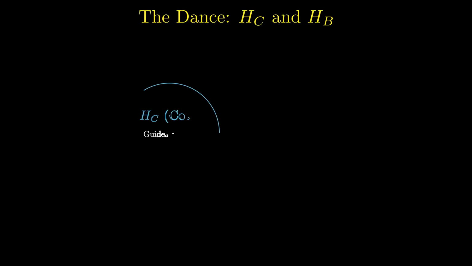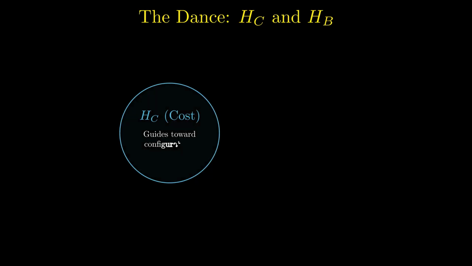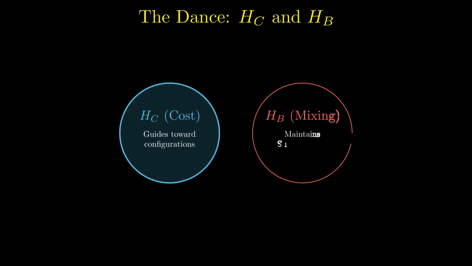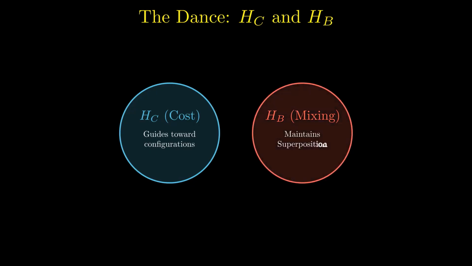The interplay between HC and HB lies at the heart of QAOA's functionality. Think of it as a dance between two competing forces. HC encodes problem-specific penalties or rewards. It guides the quantum state into a superposition of various configurations. HB keeps the quantum state in a superposition, preventing premature collapse into suboptimal solutions.